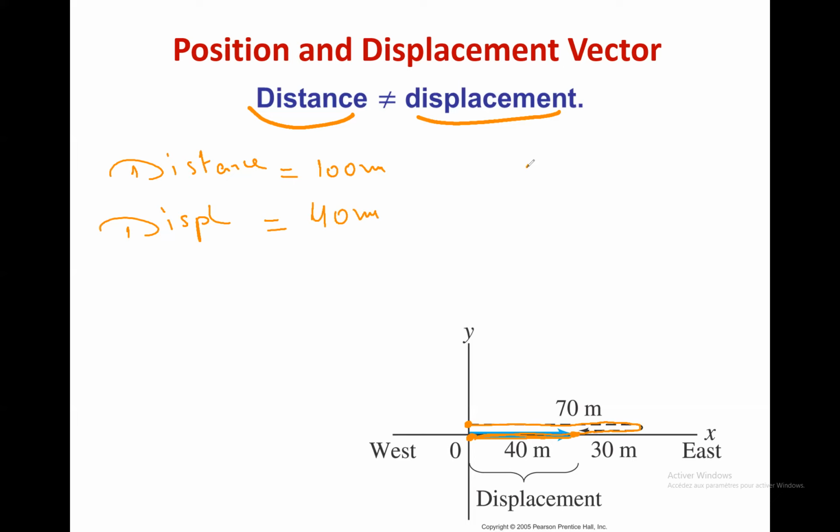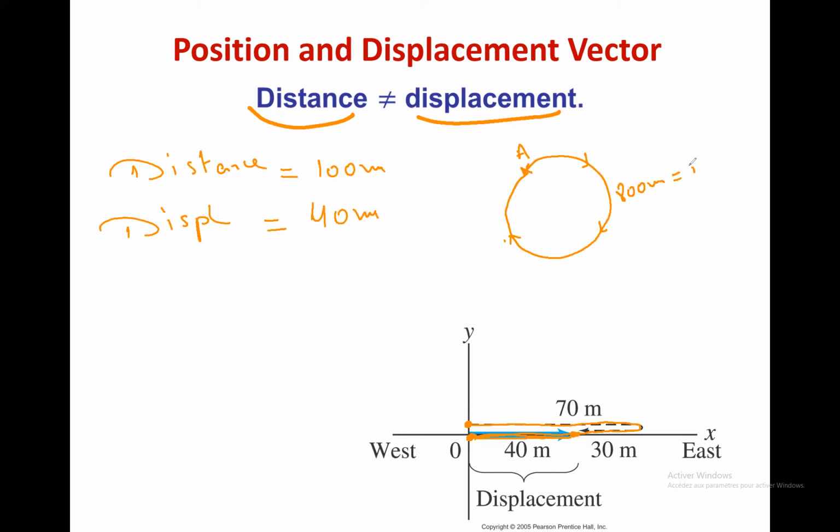An example, if we have initial point A and one object do this path and the final point is the same A. Here the total distance we can say equal 800 meter.